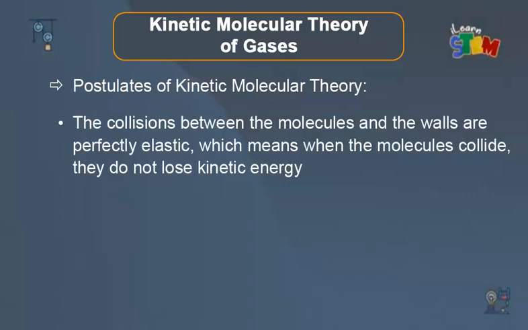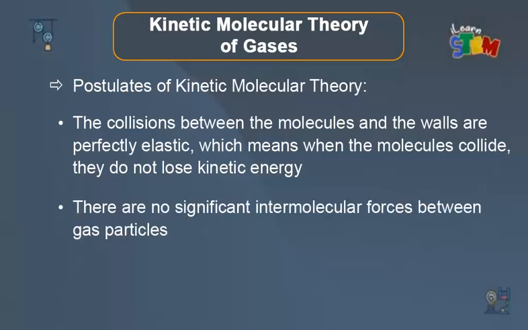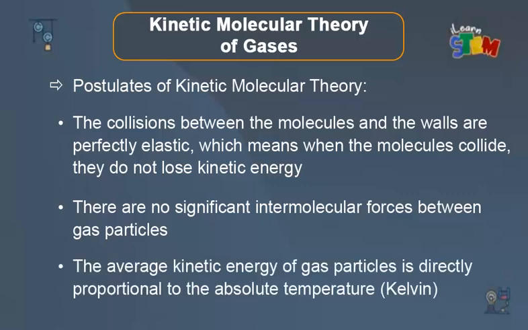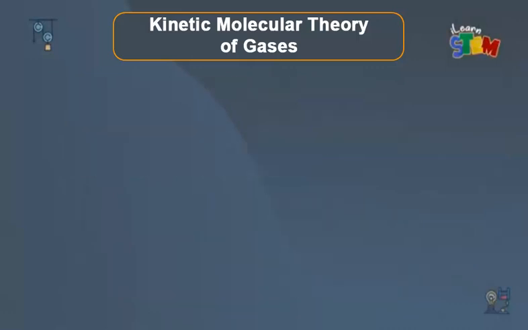The collisions between the molecules and the walls are perfectly elastic, which means when the molecules collide, they do not lose kinetic energy. Molecules never slow down and will stay at the same speed. There are no significant intermolecular forces between gas particles, meaning they neither attract nor repel each other. The average kinetic energy of gas particles is directly proportional to the absolute temperature.